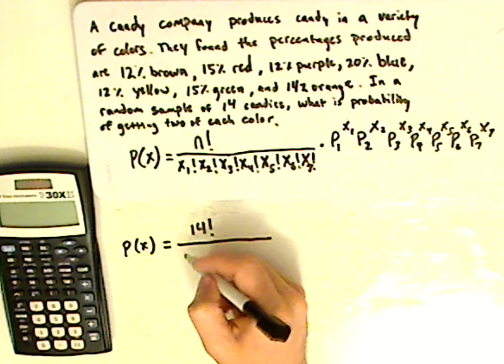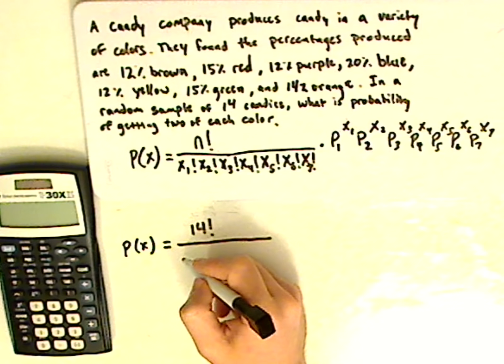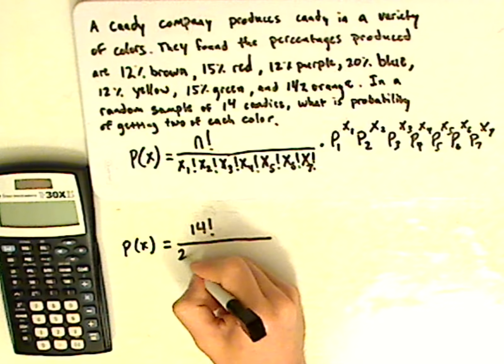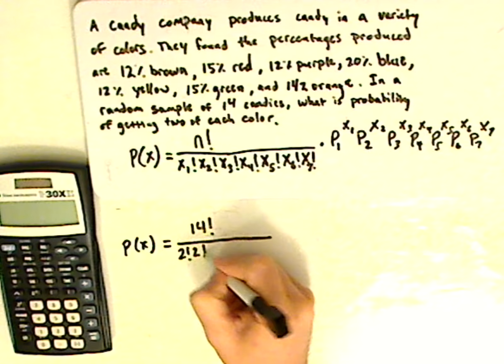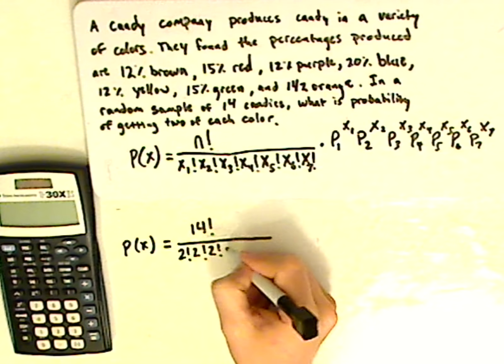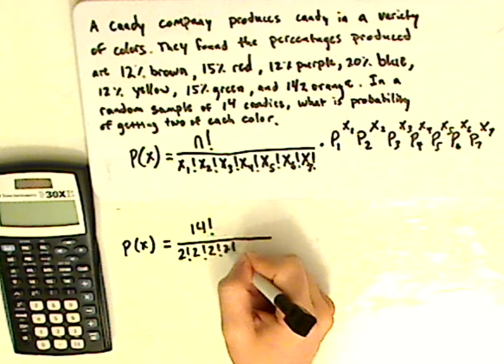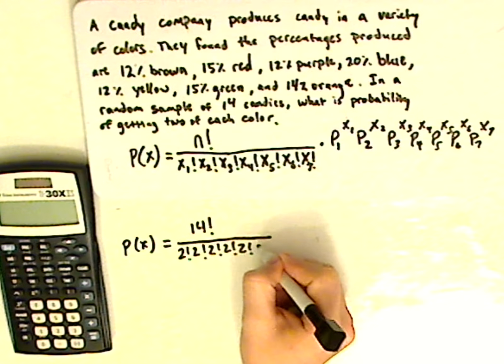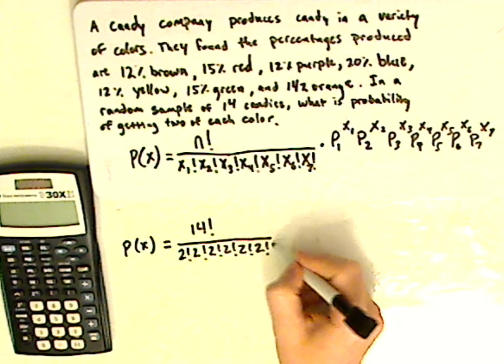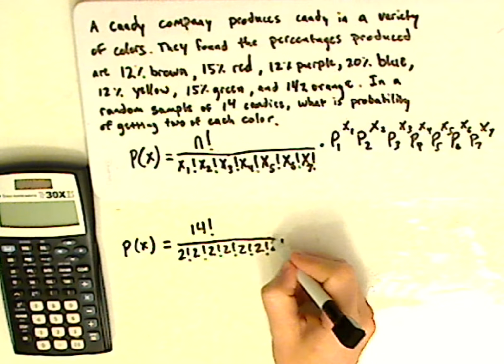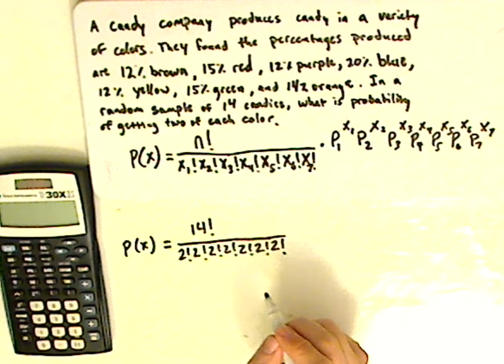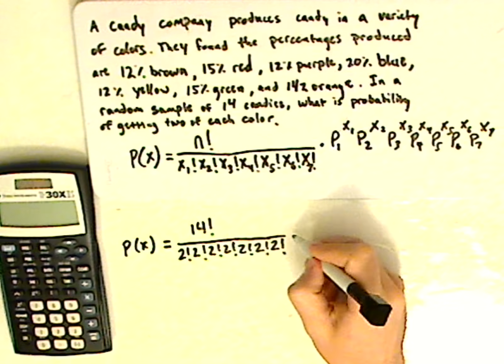Well, 2 of each color would be 2. So it would be 2 factorial, 2 factorial, 2 factorial, 2 factorial. I need 7 of these: 1, 2, 3, 4, 5, 6, 7. It's a lot of 2's.